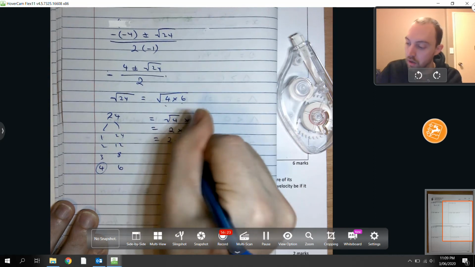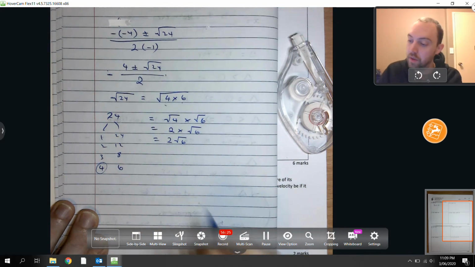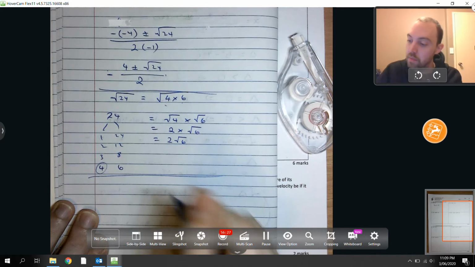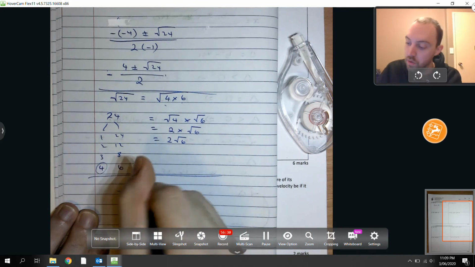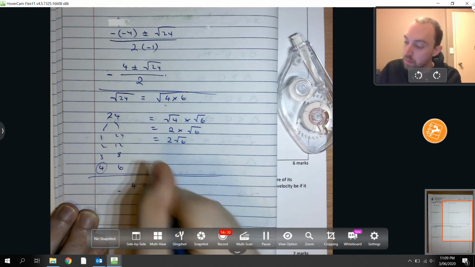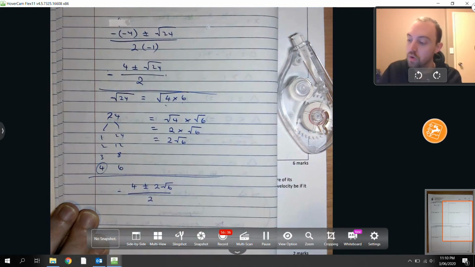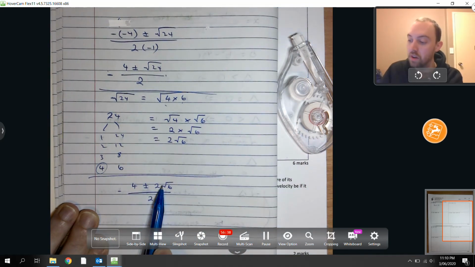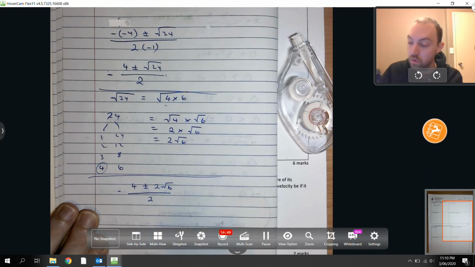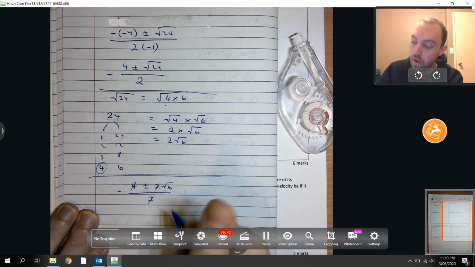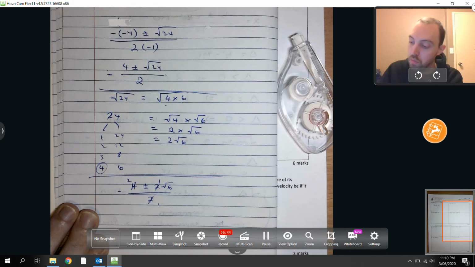Better written like this. So that's kind of separate to our problem here, but we can use this as plus or minus 2 root 6 on 2. If both of these terms can be divided by 2, then we can cancel. 2, 1, 1.